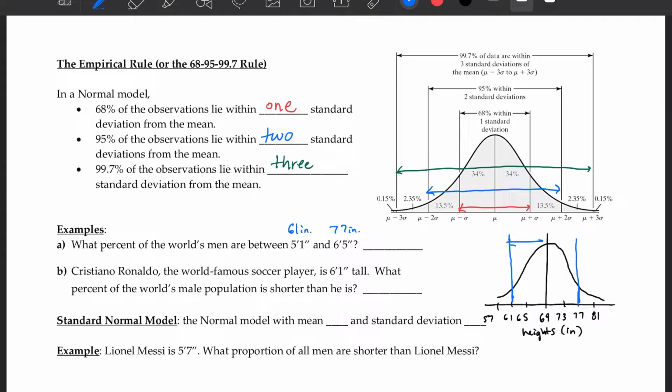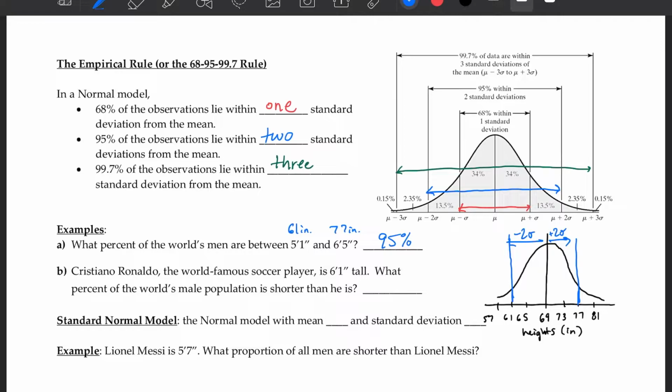Cool. I'm going to actually draw that sort of a little bit higher. So that right there, how many standard deviations away is that? Well, that's 2 to the left and 2 to the right. And according to my empirical rule up there, that means 95% of my data lies within 2 standard deviations to the left and right. All right, that was a simple one.